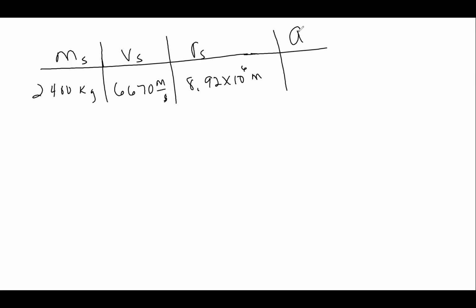So therefore, its acceleration is the centripetal acceleration. So we know that the centripetal acceleration, A sub C, is defined as V squared over R. Okay, V squared over R.